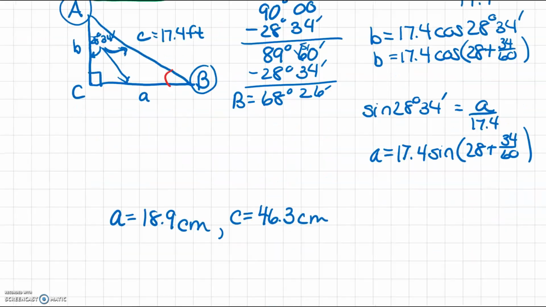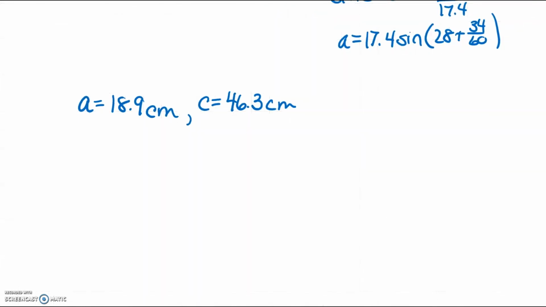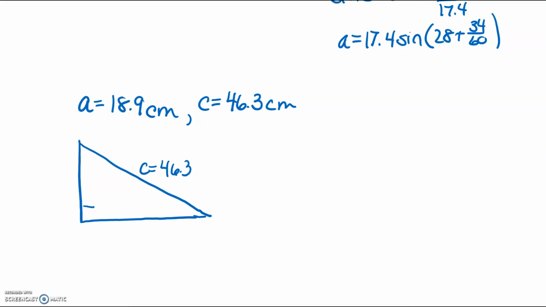Okay, we have time for one last triangle, and then we're going to call it quits for this video. Here they give us only two sides. They give us little a, 18.9, and little c, 46.3. I'm going to label this A, B, and C, and this is little b.